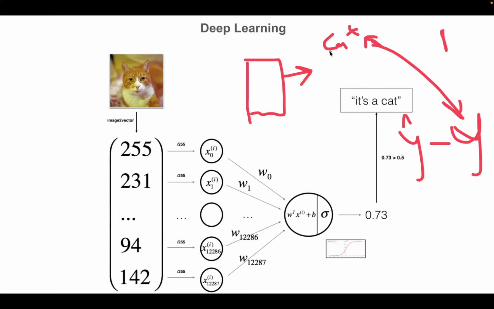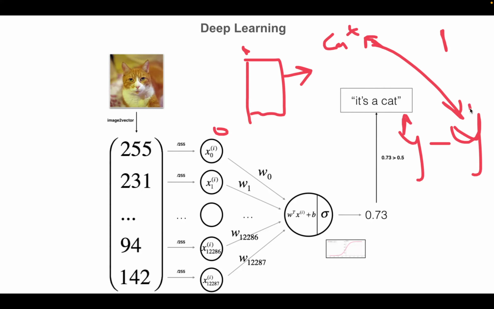But I'm not going to literally write cat. Sometimes you write 1, 0, 1, 0. If it is a cat, we label it as 1. If it is not a cat, we label it as, for example, 0. So the label for cat is 1. I'm expecting that for this particular input, the model should predict something above 0.5, which is effectively 1.